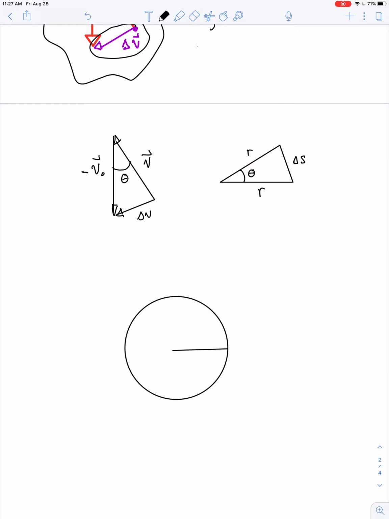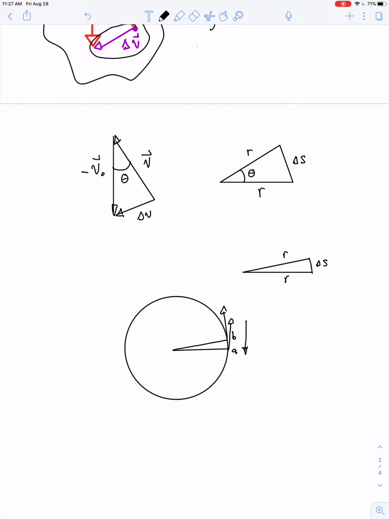So the object moves from A to a smaller point B. All that happened here is we have the same radius vector, and therefore a smaller delta s. But in the same regard, look at this. The final velocity would point this way, the initial velocity would point this way, meaning the negative of the initial velocity would point this way.